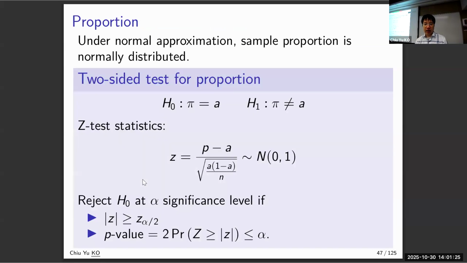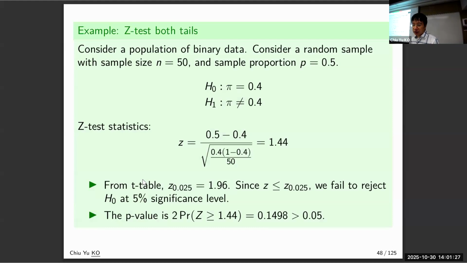Now let us look at this example. From now on, I focus on the two-tailed test, but the one-tail will be the same. I'm just doing a more complicated one. So we have binary data, a random sample of 50, and the sample proportion is 0.5.